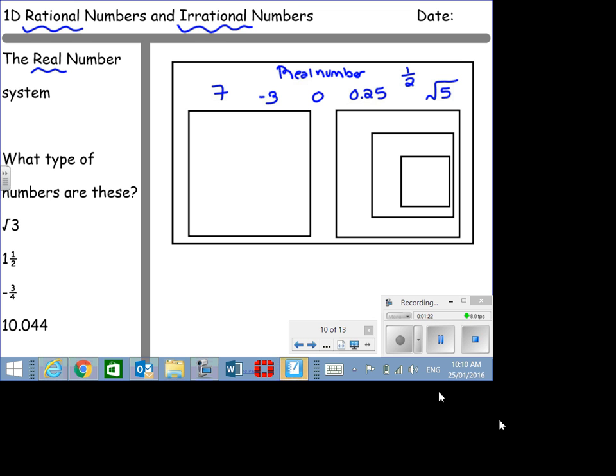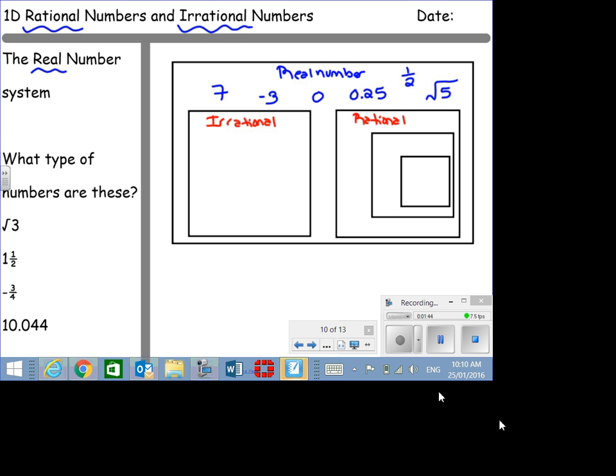But if we want to be more specific, it could either be something called an irrational number or a rational number. So if you've ever been told that you're acting irrationally, we can't always guess what you're going to do next. That is sort of an irrational number.